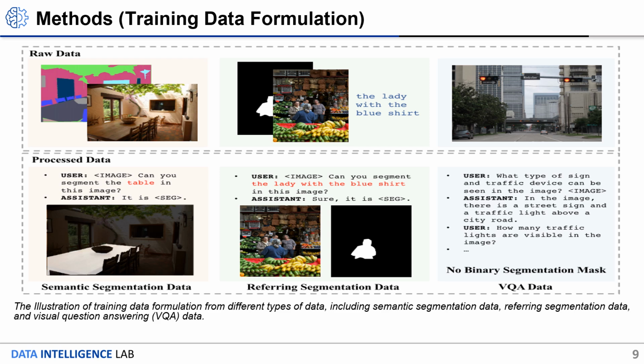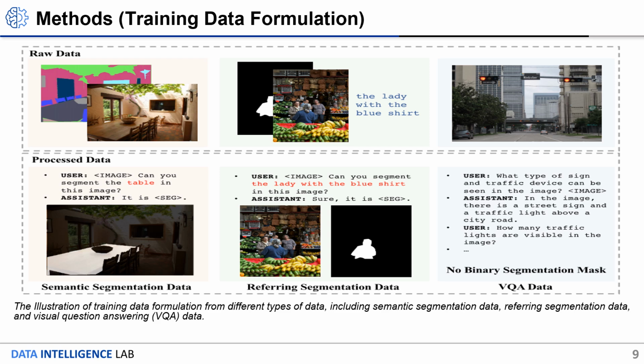So the first column is the semantic segmentation data. It starts with standard semantic segmentation datasets like ADE20K and COCO-Stuff, which have images and pixel-level class labels. It converts this by randomly picking a class, for example the table shown there, and formatting it as a question, like, can you segment the table?